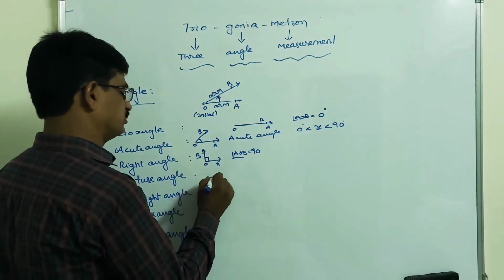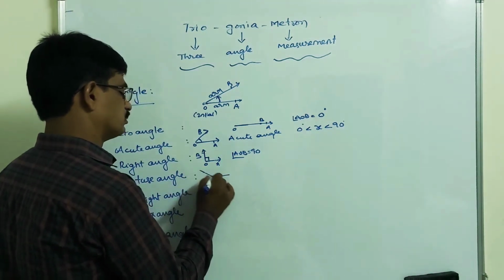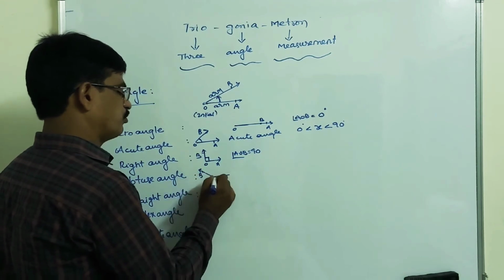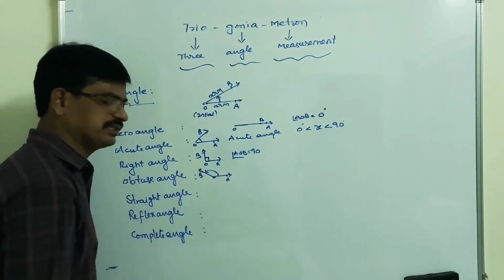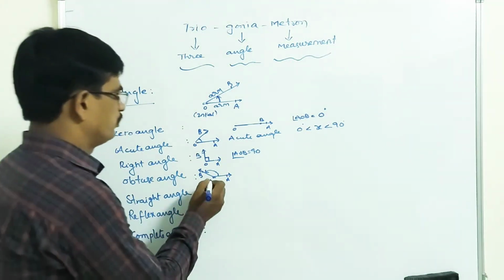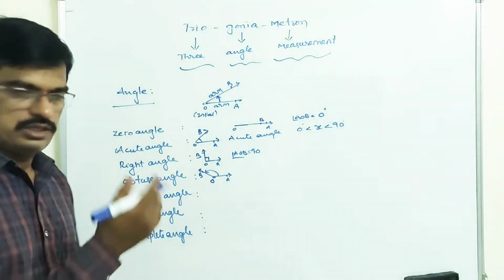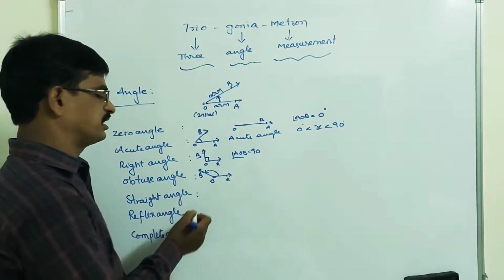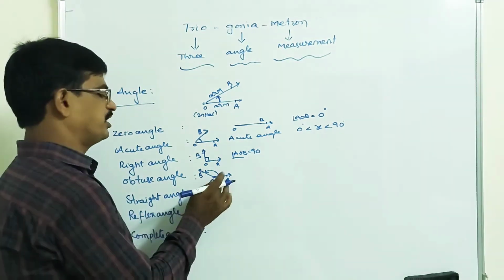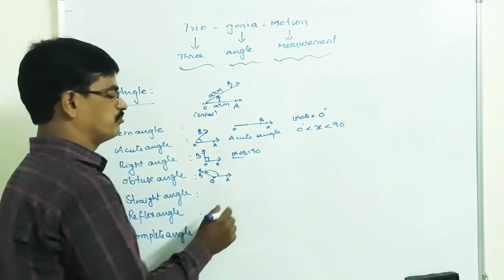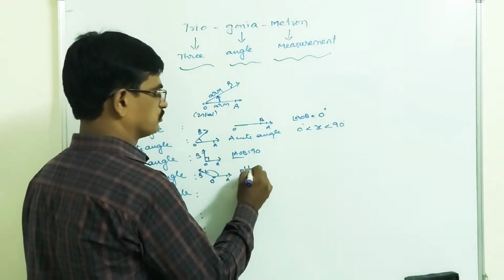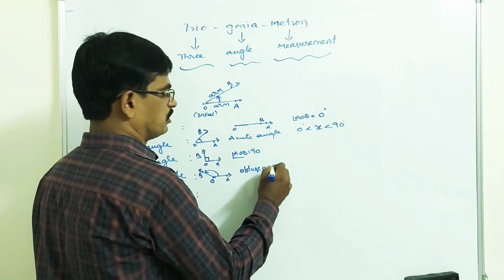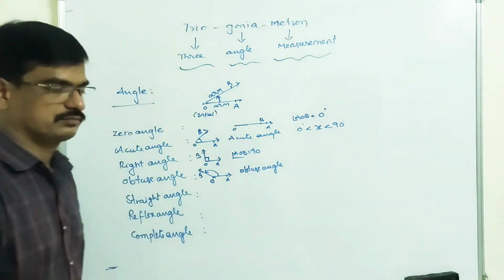Obtuse angle: this is ray OB, this is ray OA. The terminal side OB moves in the anti-clockwise direction such that the angle made by ray OB with ray OA is an obtuse angle.